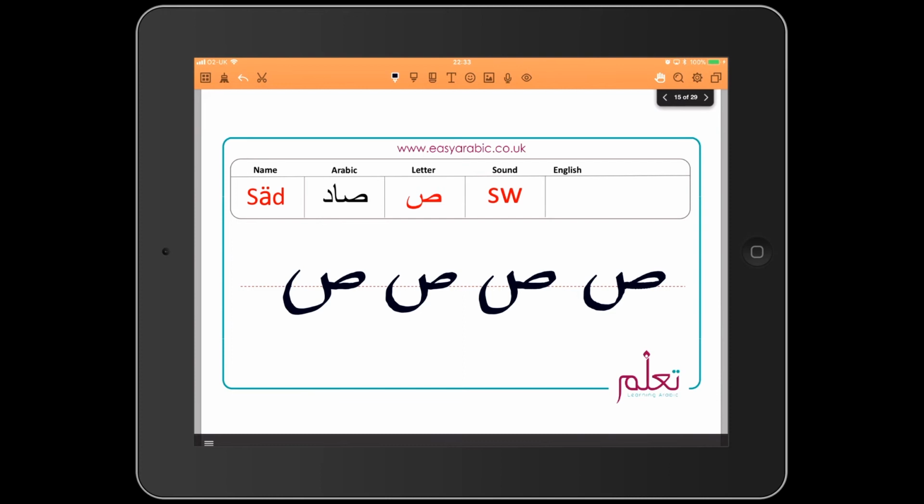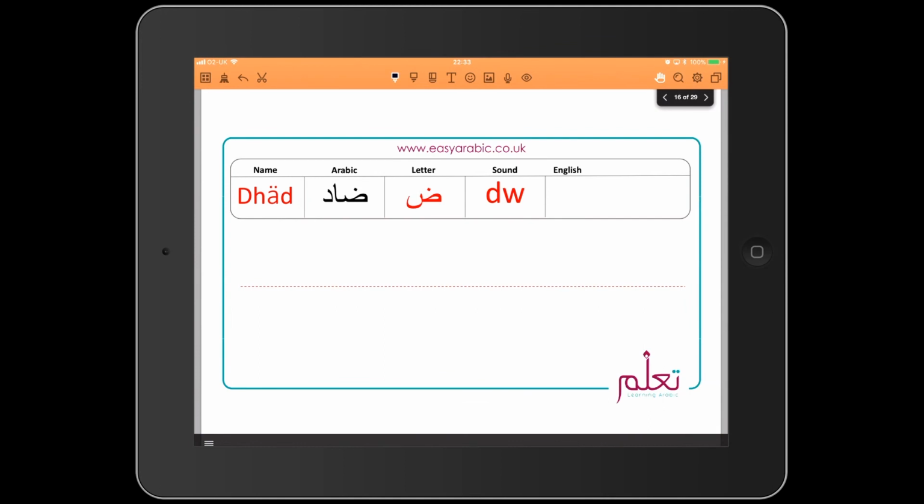Okay, the next letter that we have is the letter dod. Dod, and again round mouth, dod. Yeah, so that is the same again as the sword, and the tail, and then the nukta on the top, which is dod.